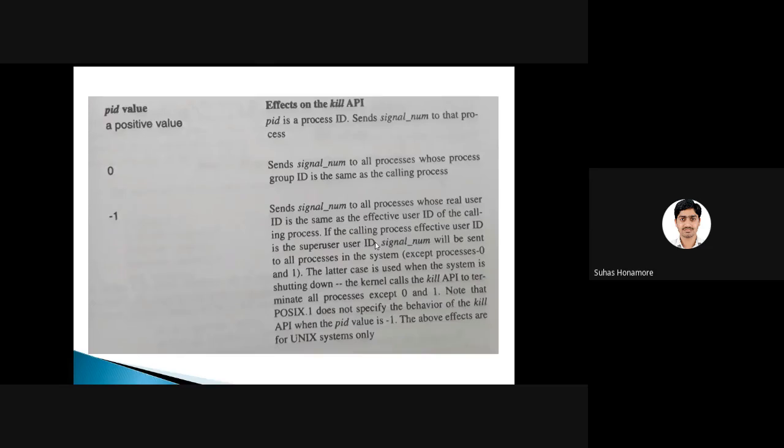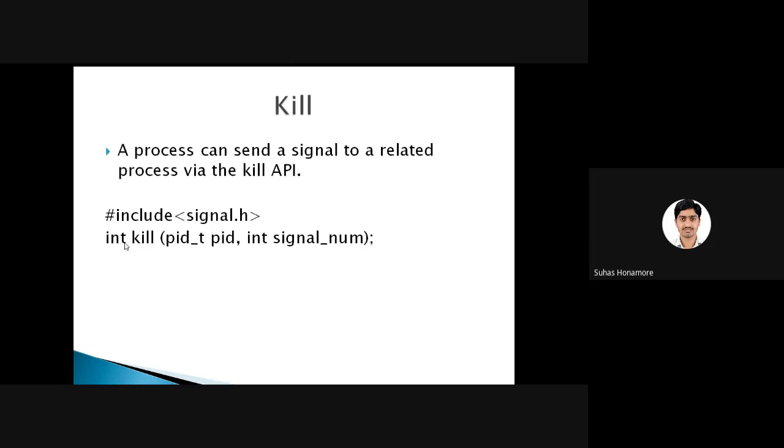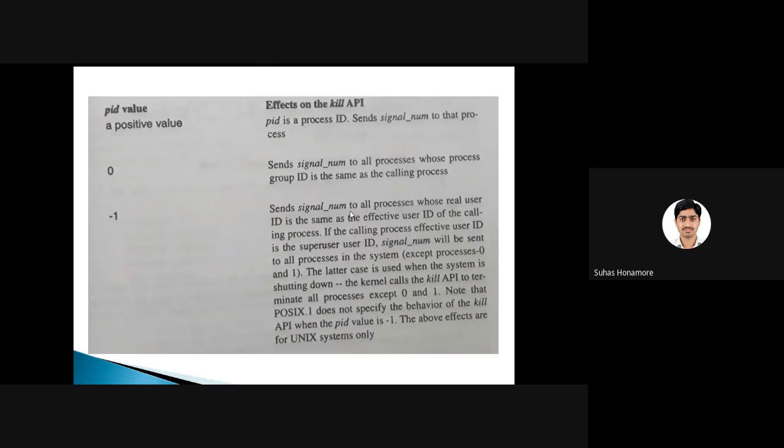If I give -1, it will send to all processes whose real user ID is the same as the effective user ID of the calling process. It means whichever application is calling kill, its effective ID should be the same as the real user ID of the other processes, and if so, it will send the signal to all of those processes.